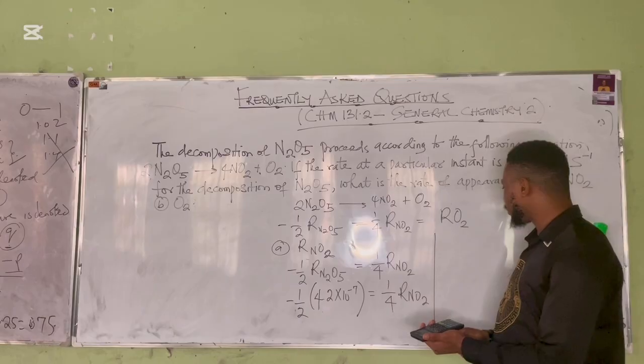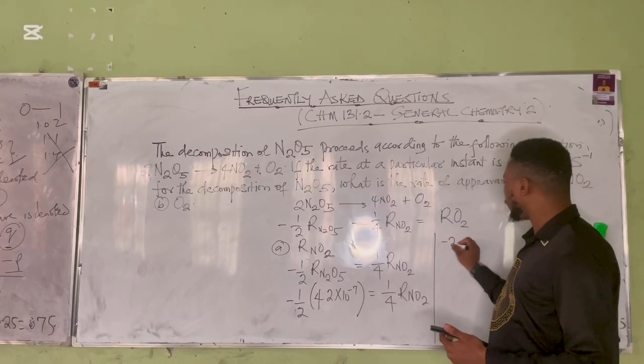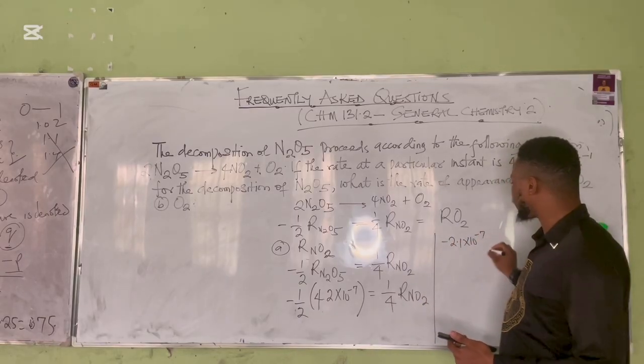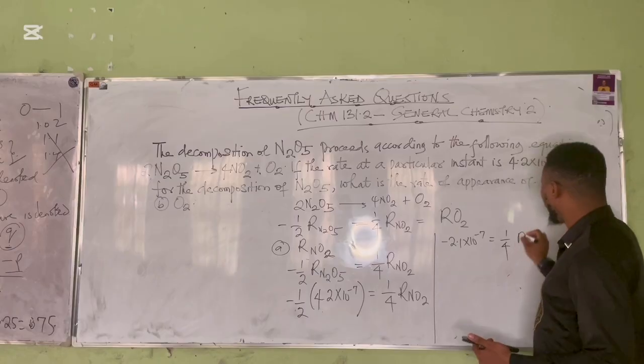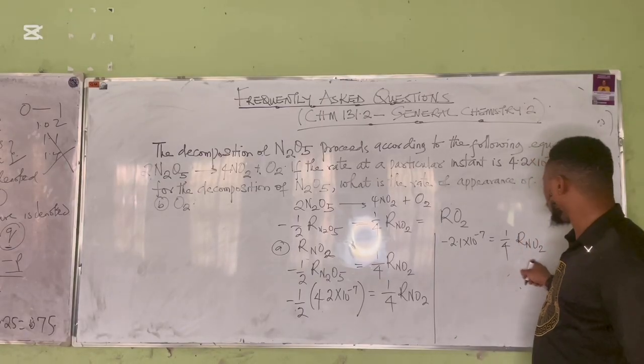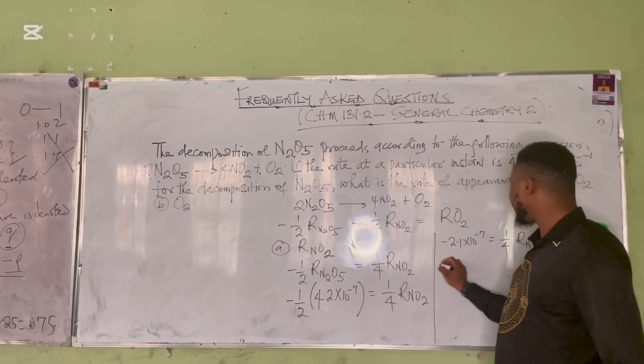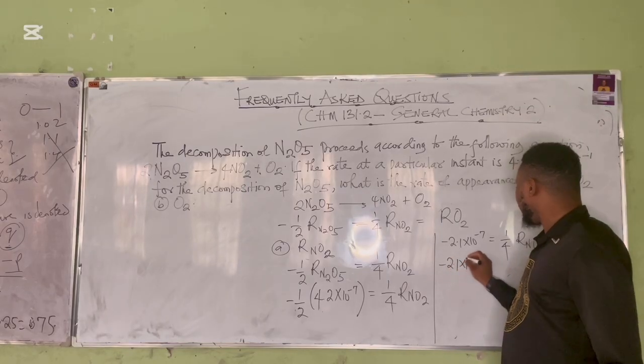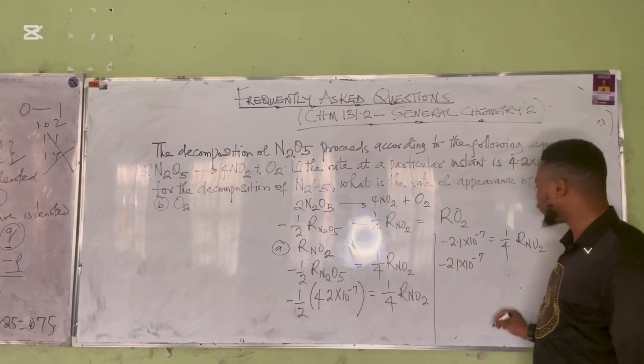This will give us minus 2.1 times 10 raised to the power minus 7 equal to 1 over 4 rate of NO2. We are looking for the rate of NO2, so we cross multiply. This will be minus 2.1 times 10 raised to the power minus 7.